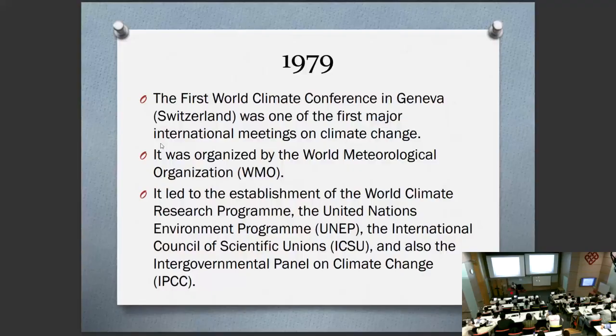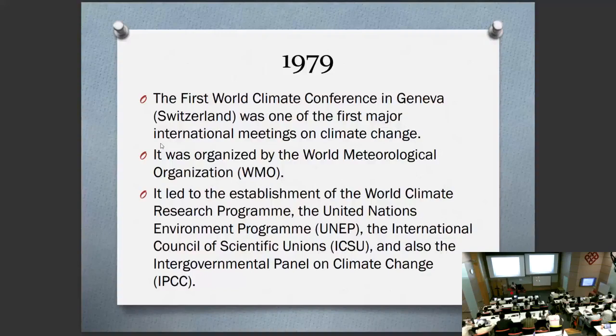So IPCC is a well-respected authority on climate reports. It publishes climate reports every several years. The reports are about the knowledge on climate change, its causes, and also the potential impacts and the response options.